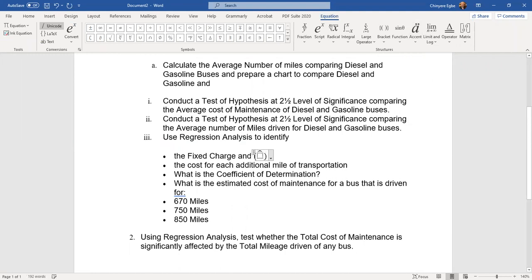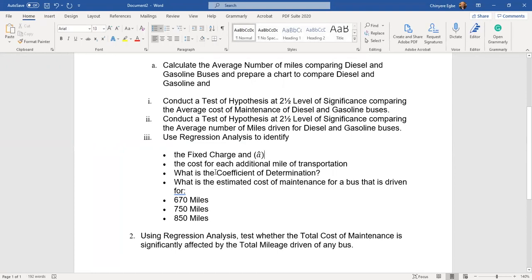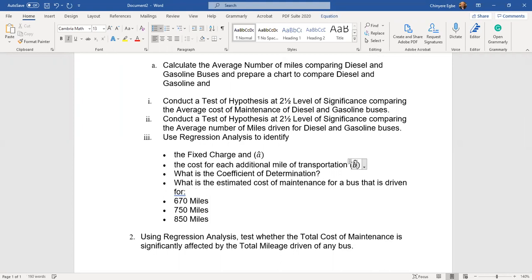So this will be your A hat. For each additional mile of transportation, what is the cost for each additional mile? That will be your B hat.